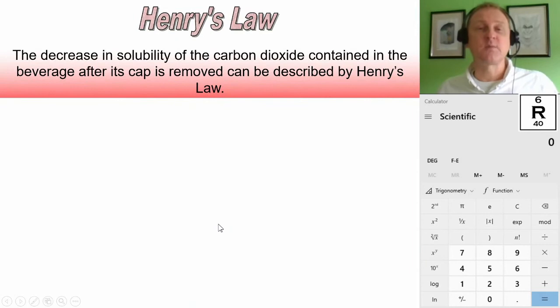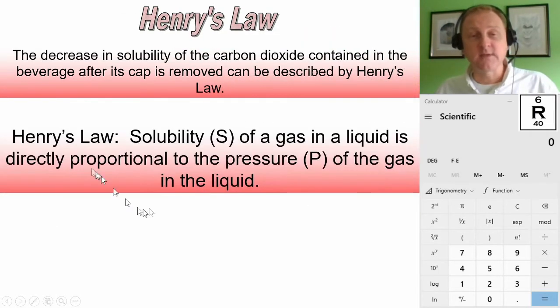This is explained by Henry's law. The decrease in solubility of carbon dioxide contained in a beverage after the cap is removed can be described by Henry's law. Henry's law states that the solubility of a gas in a liquid, so this is only for gases, is directly proportional to the pressure of the gas in the liquid.